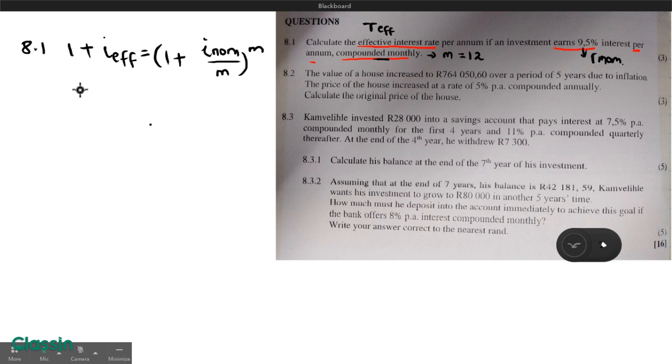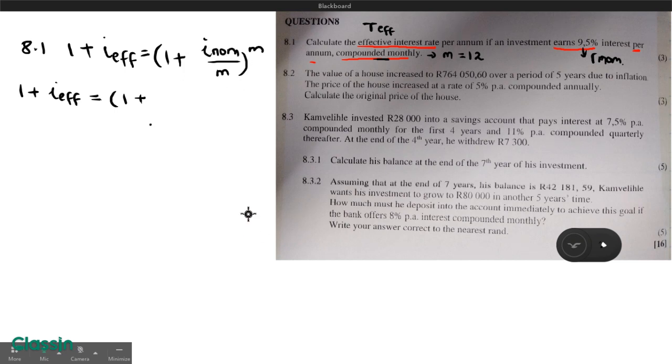When you go to the formula, we are going to have 1 plus I effective, which equals 1 plus, how much is our I nominal?